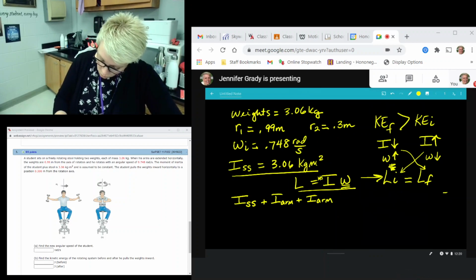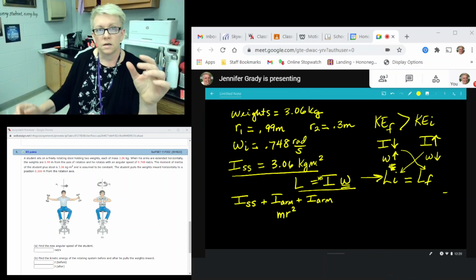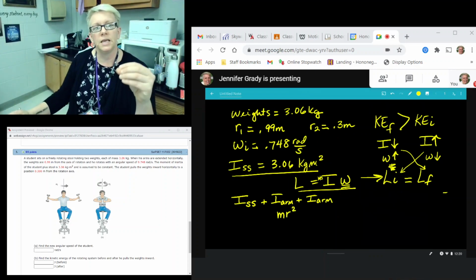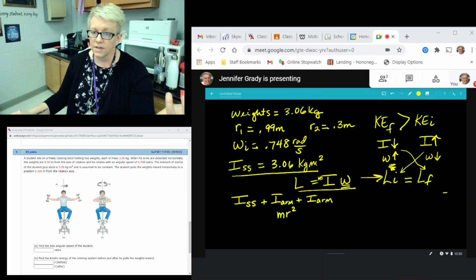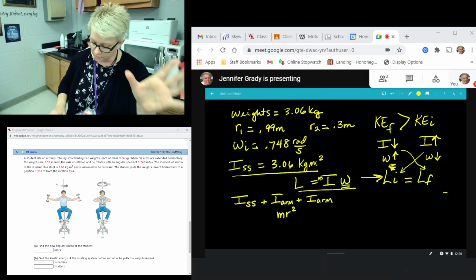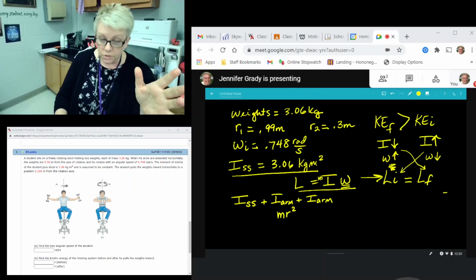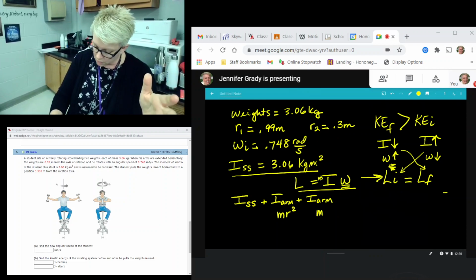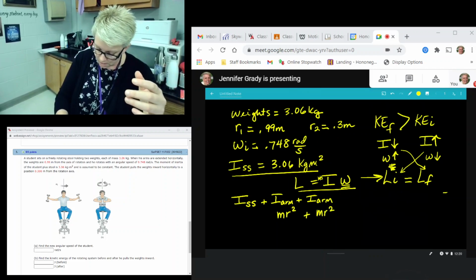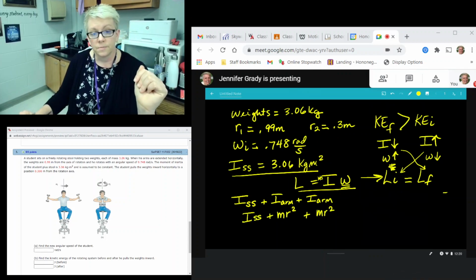We are going to consider the weight on the end of his arm to be a point mass. Perfect? Maybe not, but close enough. So mr squared for the one arm, mr squared for the other arm, and we're going to add that to this inertia.